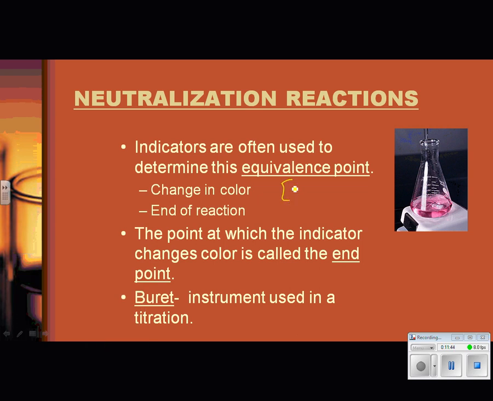So this is when the hydrogen ions are equal to the hydroxide ions. Okay. It's not necessarily 7, but it is when those values are going to be equal. So again, this point is known as your end point because that's when the titration should stop. And a burette is one of the instruments that we will use.